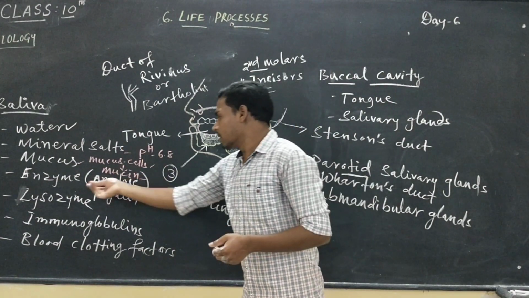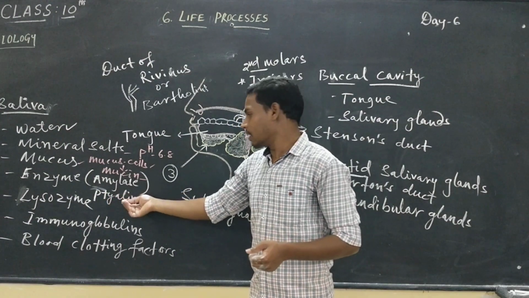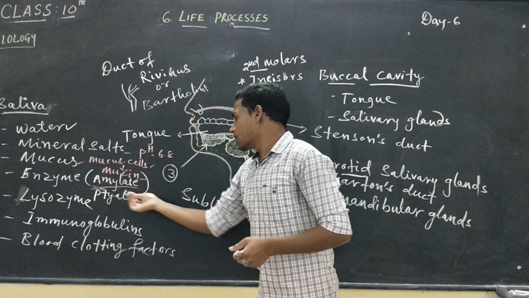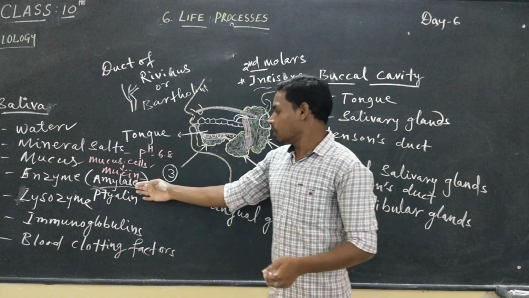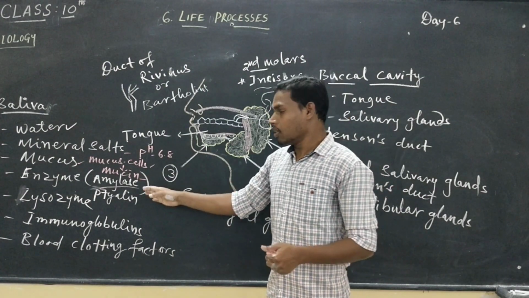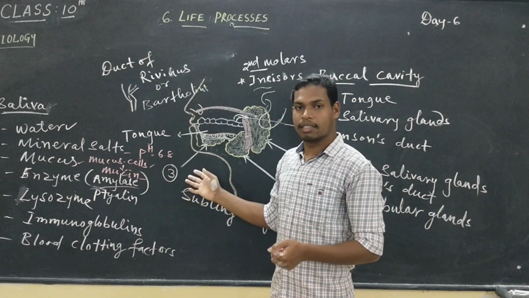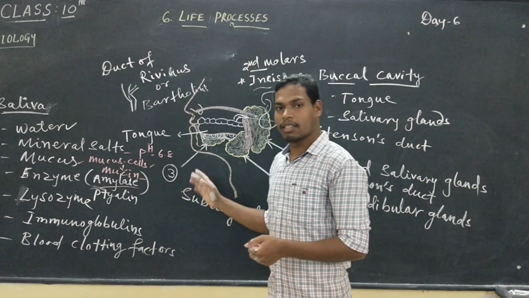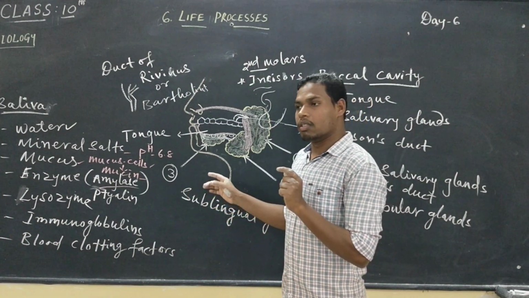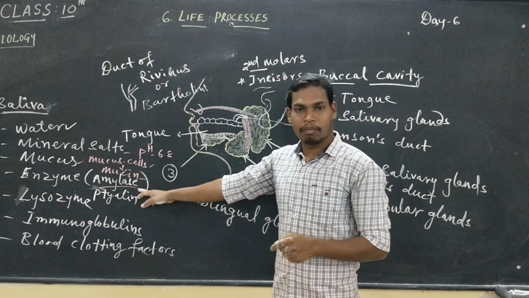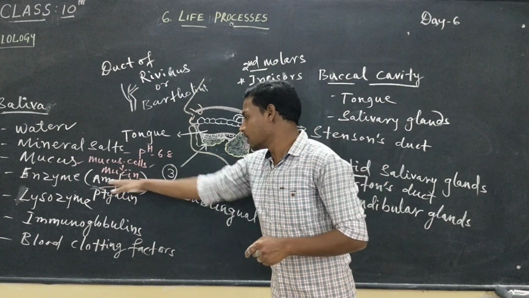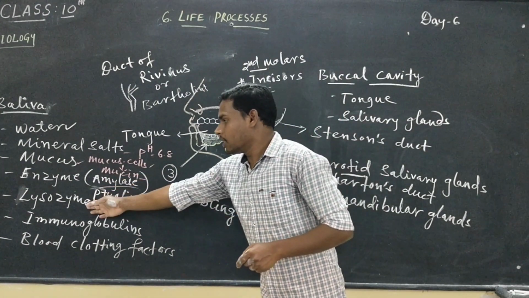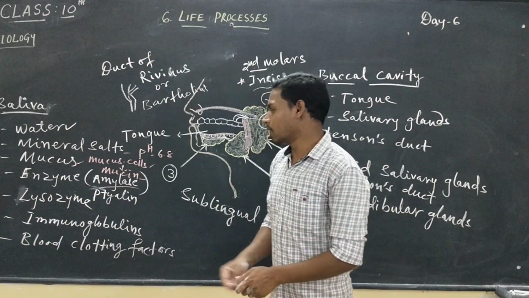And next one is amylase. The function of amylase is to break down polysaccharides and make them into the disaccharide maltose. Next one is lysozyme.